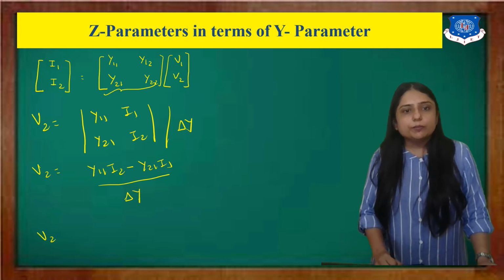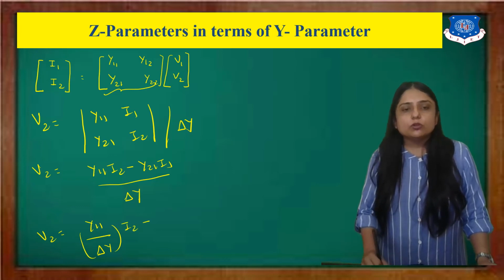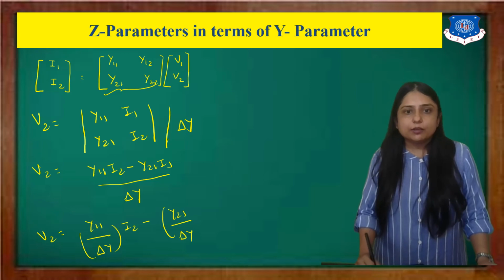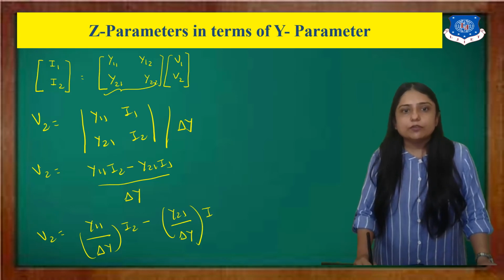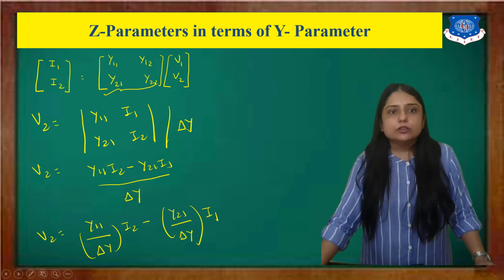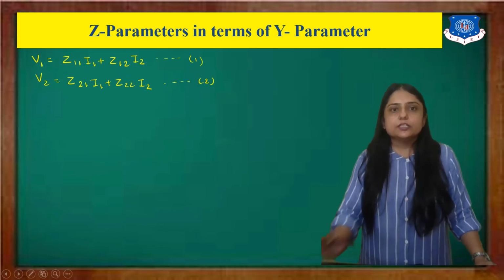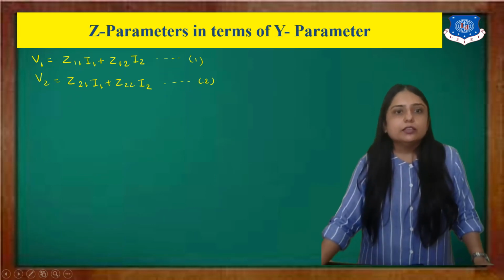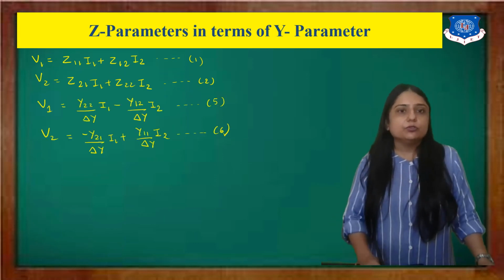Now you just open the bracket. So Y11 upon delta Y into I2, and here I have Y21 upon delta Y into I1. Alright, now I'll rearrange. First I'm writing our equations 1 and 2, then the equations of V1 and V2 that I got.